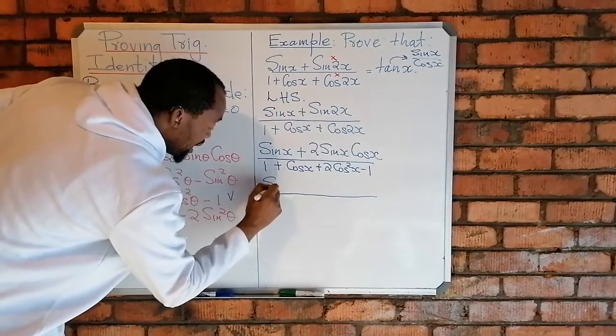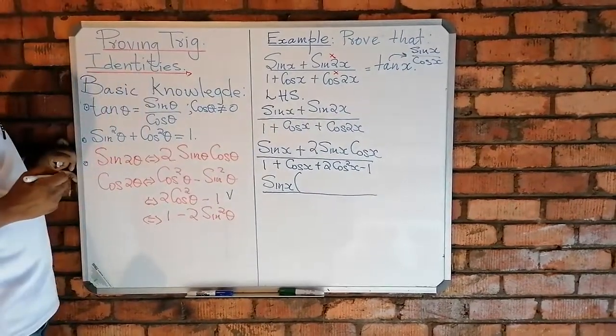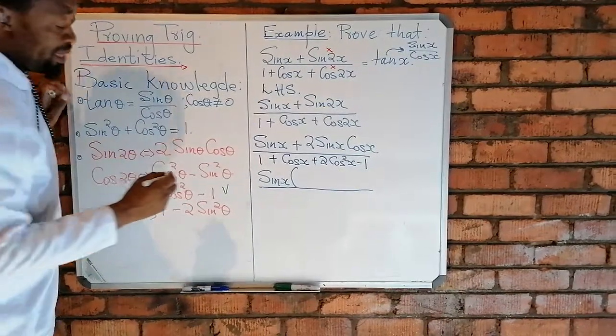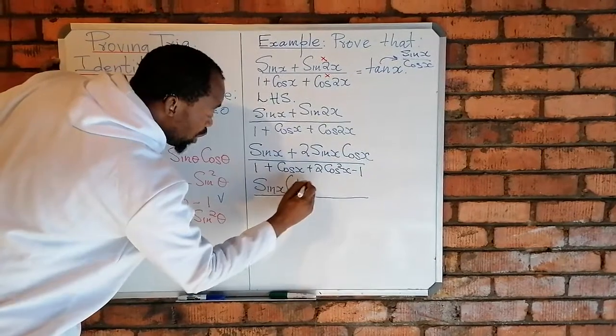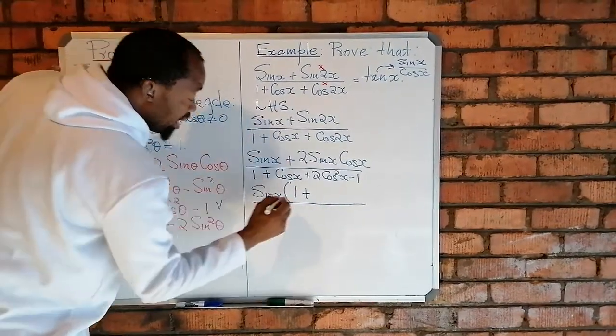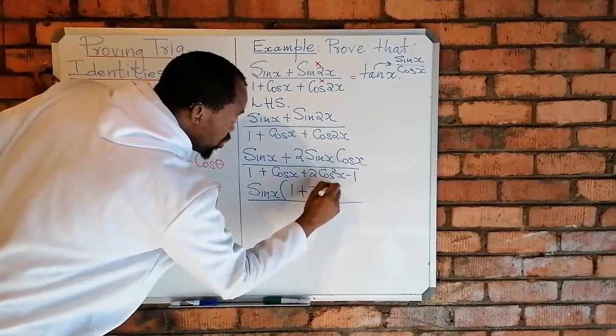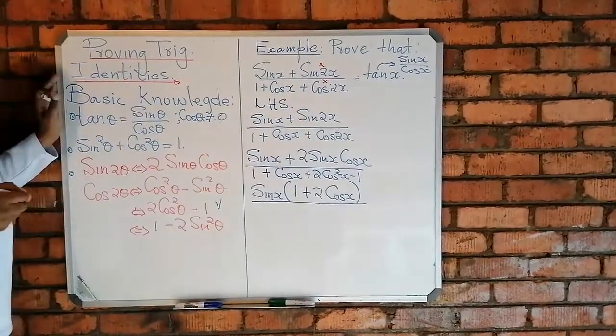Now I'm removing sine x as my highest common factor. Then if I do that here, I'll be left with 1 plus 2 cos x, close bracket.